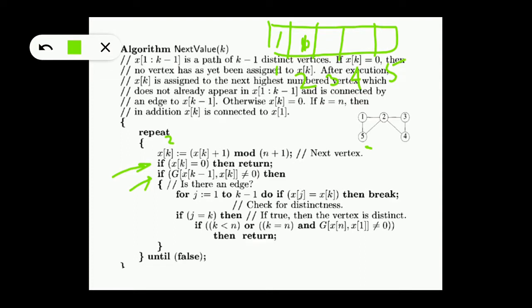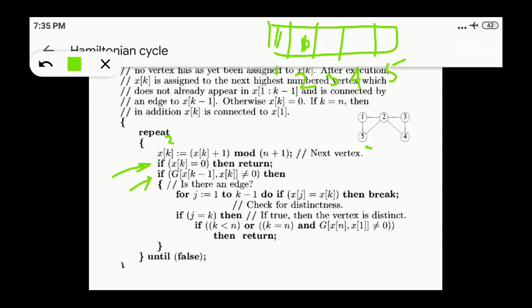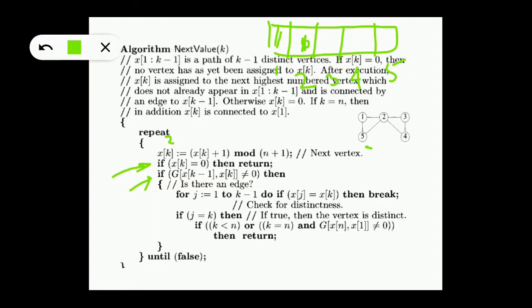Here we try to find out if there is an edge between x of k minus 1 and x of k. So x of k minus 1 is vertex 1 and x of k is also vertex 1. We do not have an edge from vertex 1 to vertex 1 itself. So this statement becomes false, and the value becomes equal to 0.